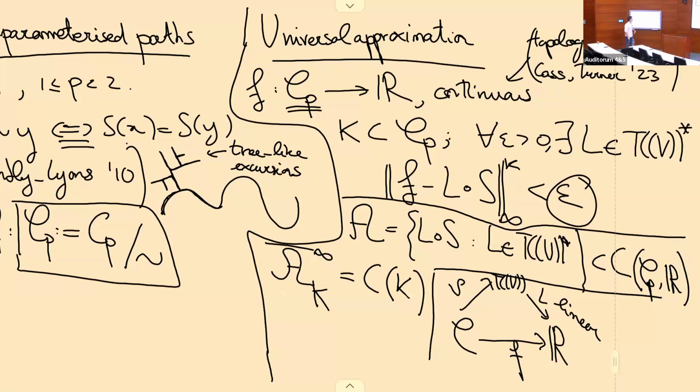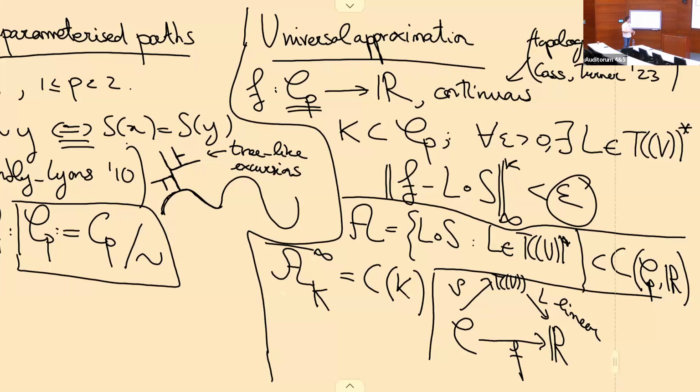So that's why, independently of how the signature is defined, you also need a topology, and it has several constraints. For example, the signature map, as a map from paths to the tensor algebra, needs to be continuous with respect to this topology for this to work. There are some details that I'm not telling you, but the choice of topology is not a very exciting thing to think about.